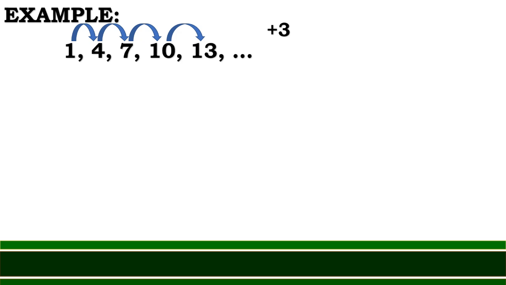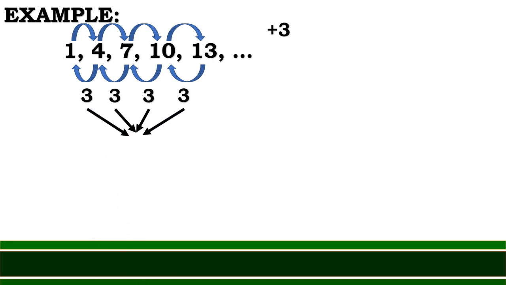So how about its common difference? 13 minus 10, 10 minus 7, 7 minus 4, and 4 minus 1. If we are going to look for the common difference, the common difference here is positive 3. So 3 is the common difference for this sequence.